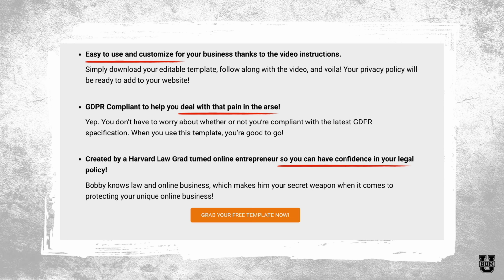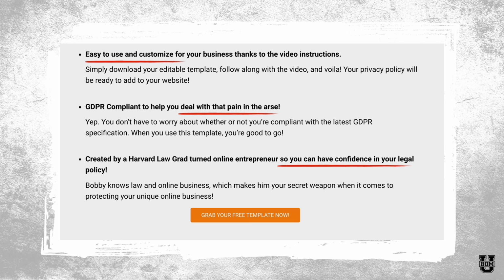Then the next one: "GDPR compliant to help you deal with the pain in the arse." Now again, the point is that dealing with that pain is the benefit. Getting that out of your life is the benefit. And I'm simply saying it's GDPR compliant. And then the last one is a classic example of adding the "so that" clause. It's created by a Harvard law grad turned online entrepreneur.